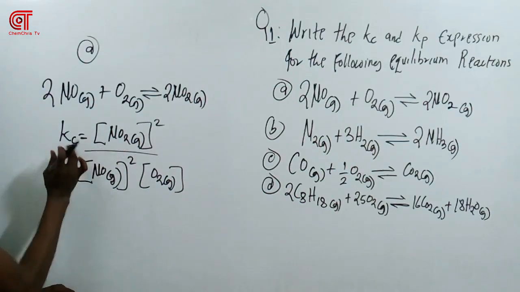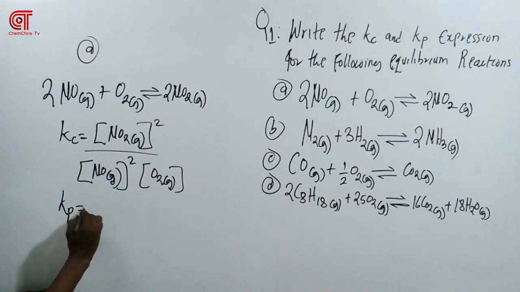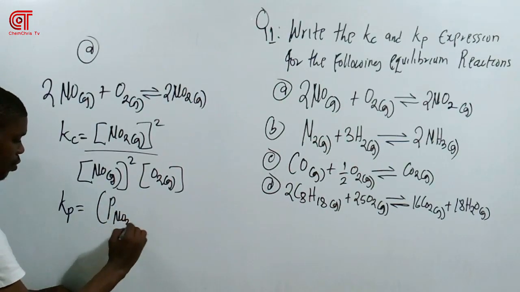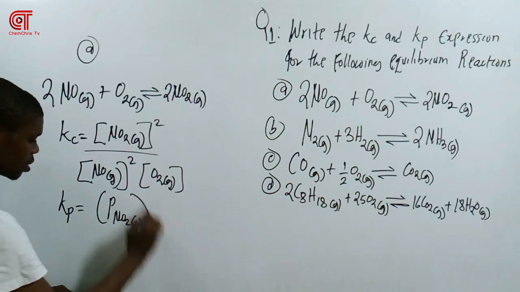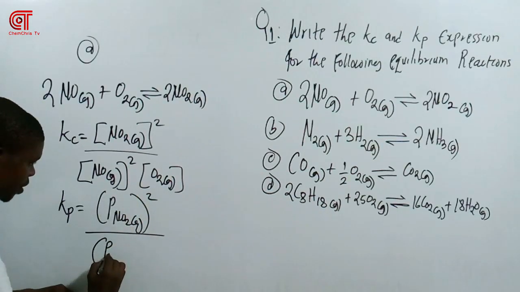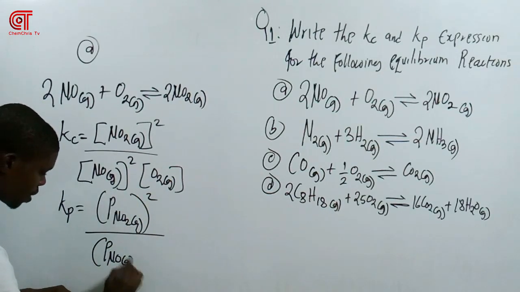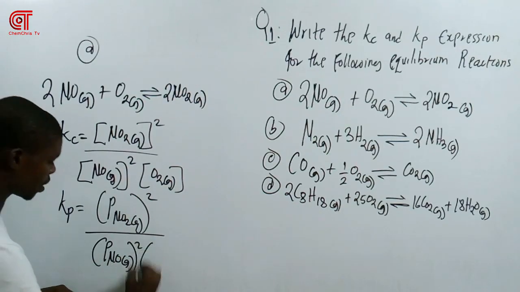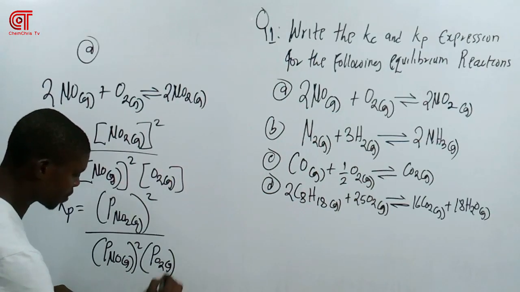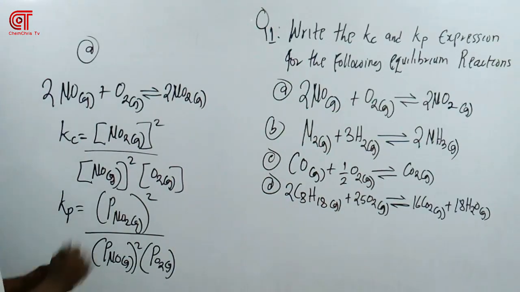So that is it for Kc. Then Kp is equal to partial pressure of NO2 gas raised to 2 over partial pressure of NO gas raised to 2, then partial pressure of O2 gas raised to nothing. So that is it for the first one.